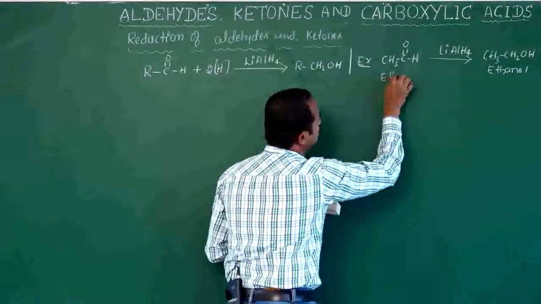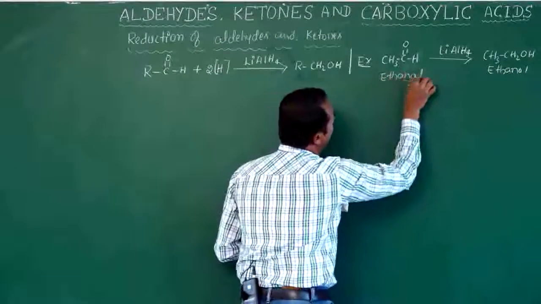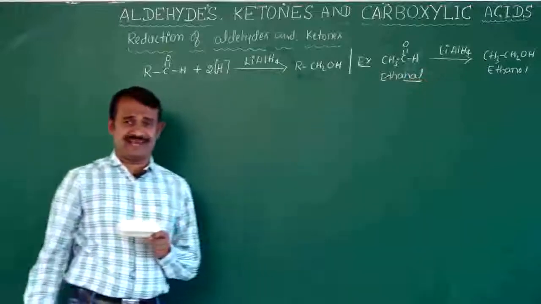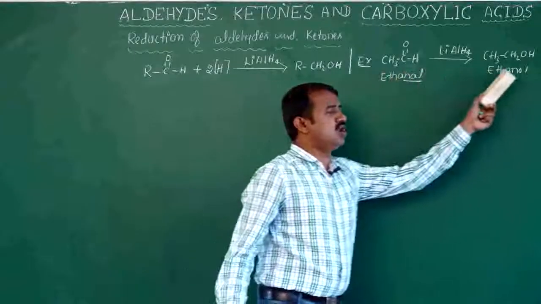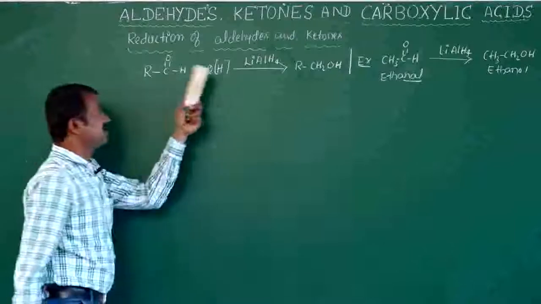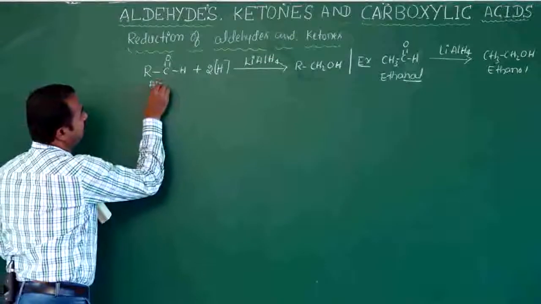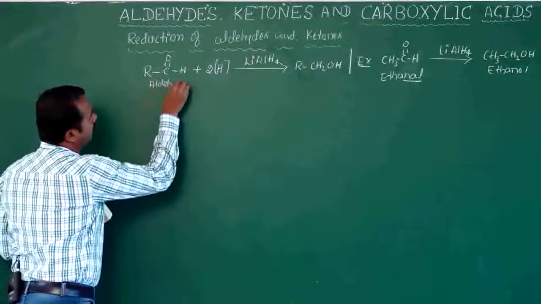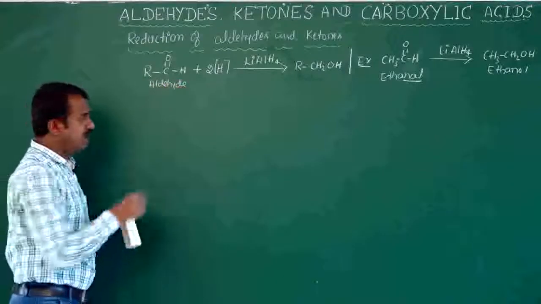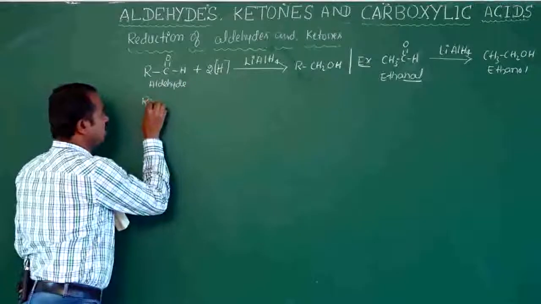Here acetaldehyde gives ethanol. Aldehyde is converted to alcohol. This is an aldehyde. Aldehyde general formula. Next we will go for ketones.